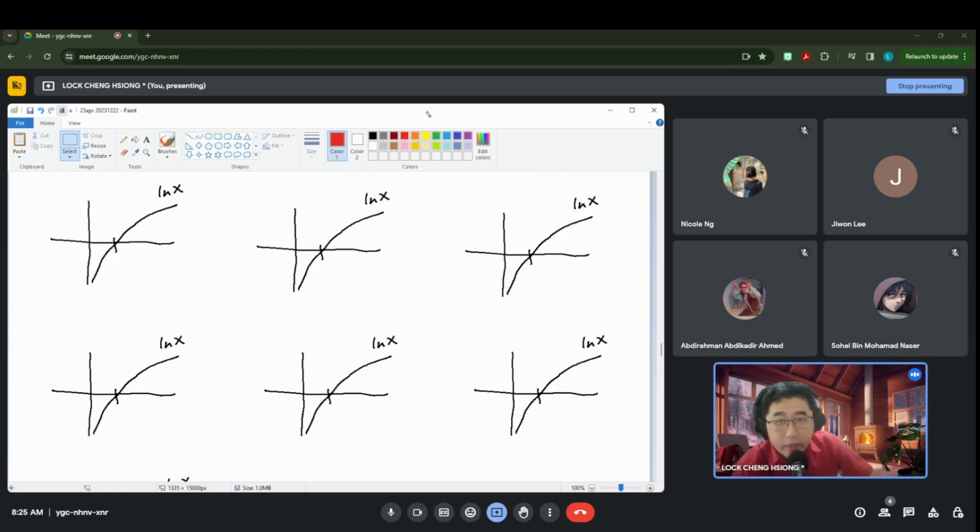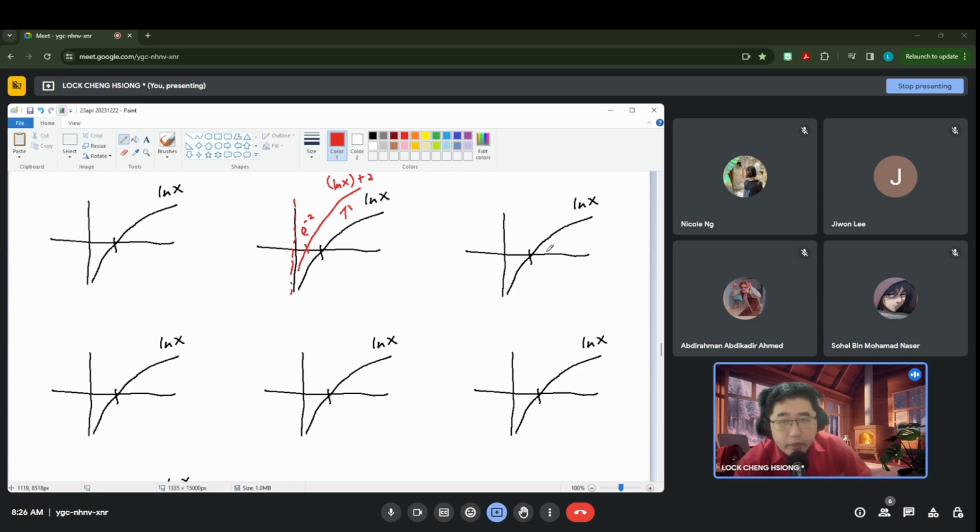What if I have ln x, the whole thing plus 2? It will be like this, ln x the whole thing plus 2, because it will be shifting up by 2 units. The vertical asymptote is still the same, and this one becomes e^(-2).